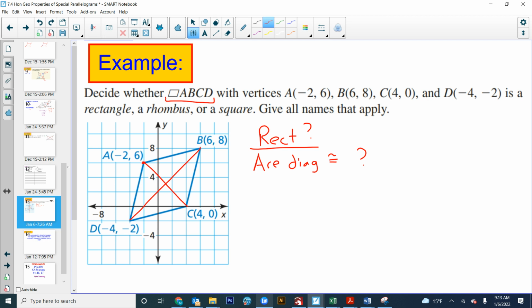Okay. How about a rhombus? I know some properties of a rhombus. One of them has to do with the diagonals bisecting opposite angles. That's not realistic here because I don't know how to find the angles on this rhombus, possibly. The other one has to do with the diagonals being perpendicular.